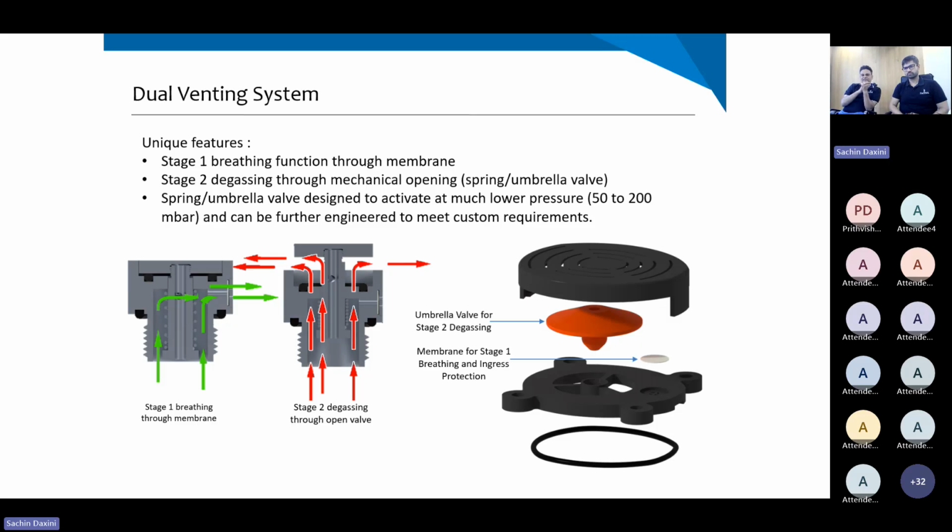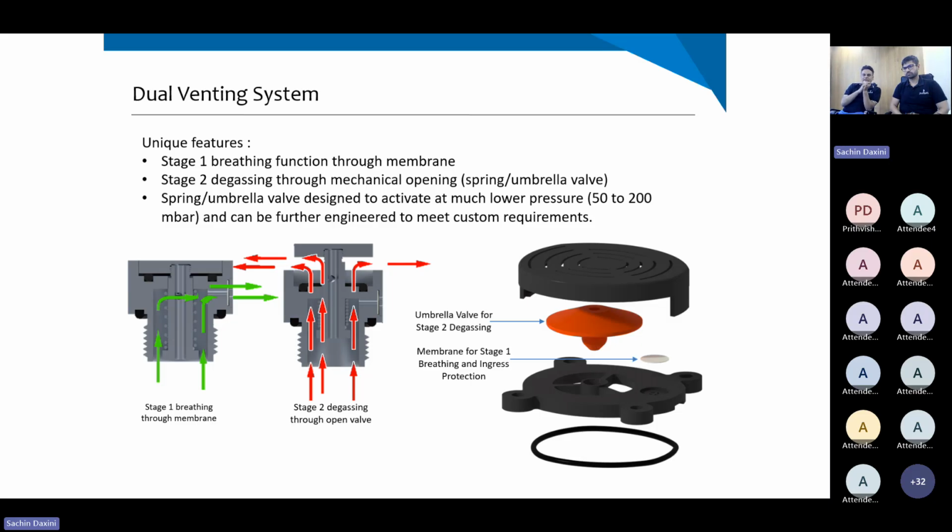As we just discussed, there is a membrane which performs the breathing function. That is the unique feature of this particular category. Another unique feature is the selection of the umbrella valve or design of the spring. It is designed in such a way that it opens up at a predefined pressure.